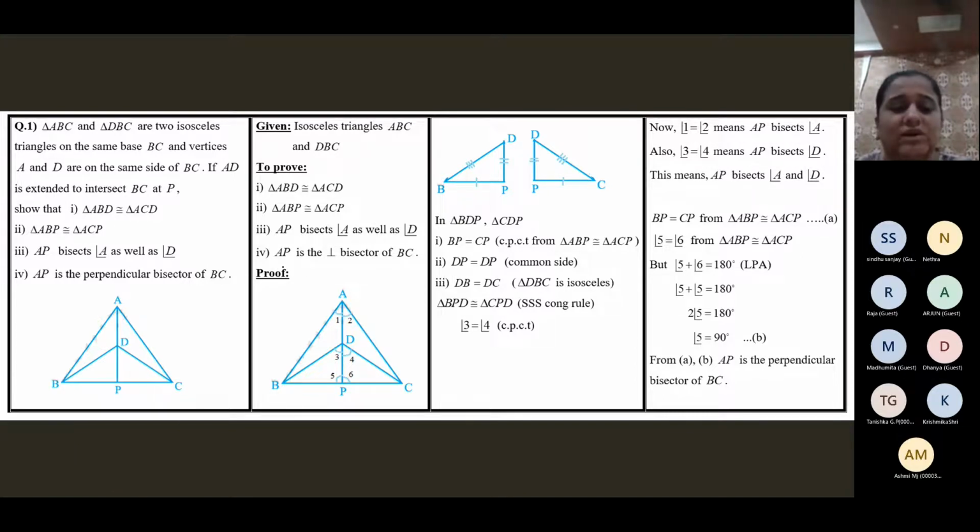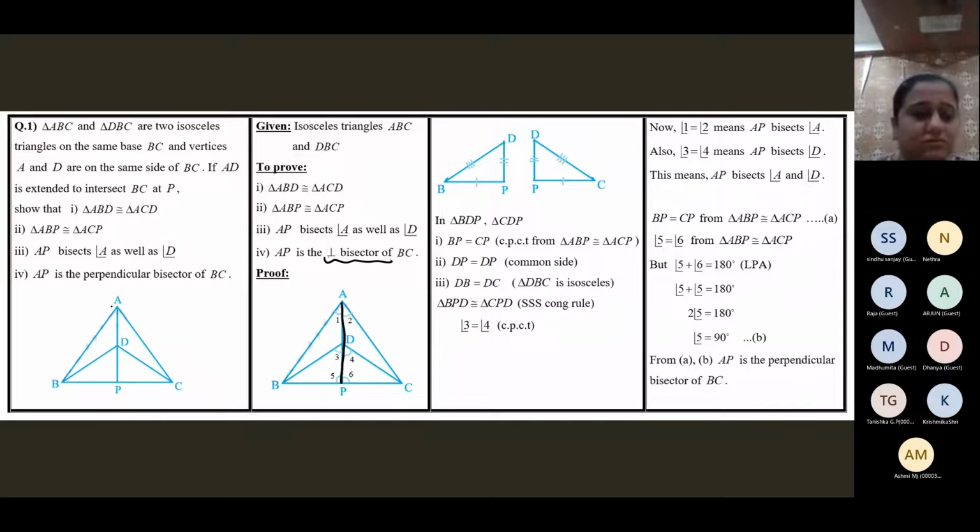And finally, you'll have to show that AP is the perpendicular bisector of BC. You'll have to show that AP is perpendicular to BC and AP bisects BC. See, two things. AP is perpendicular to BC.